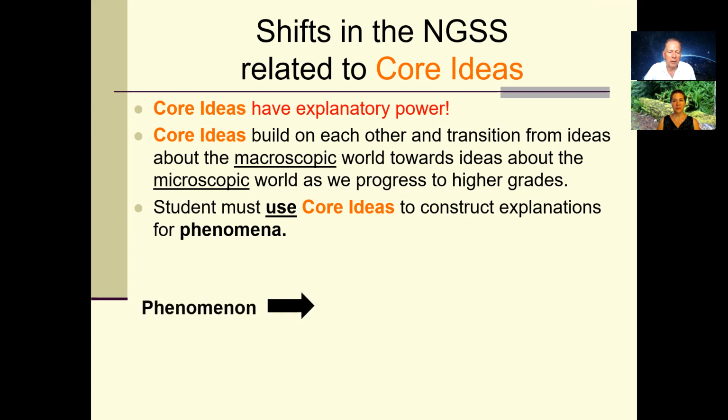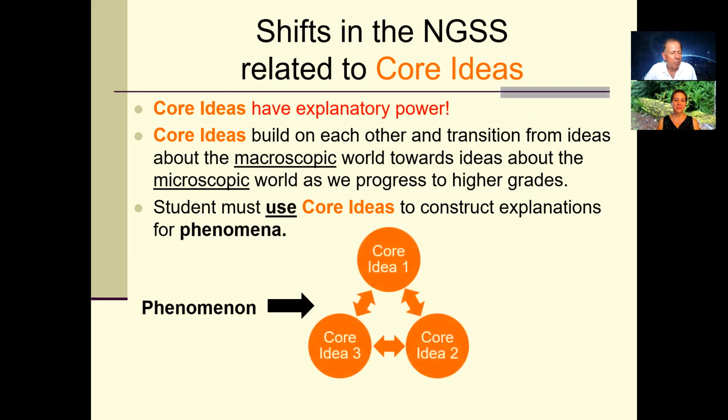Our goal is that when students encounter a phenomenon outside of school, maybe after school, when they're older, they can use the core ideas that they remember from their schooling, these foundational science ideas. In this case, there are 3 ideas that I posted on this slide. They can use these ideas together to make sense of the phenomenon and to construct an explanation for it.